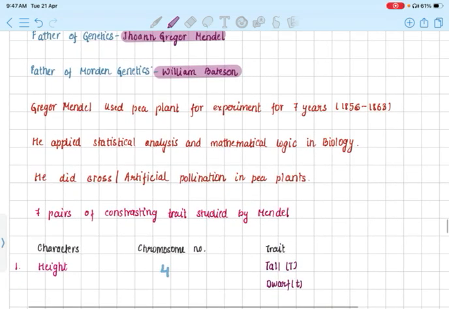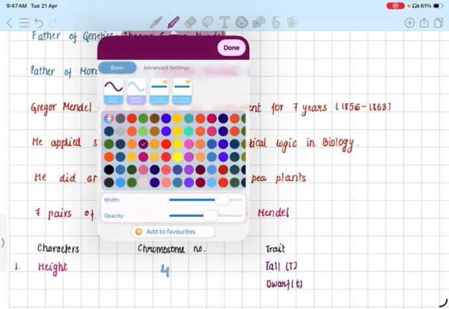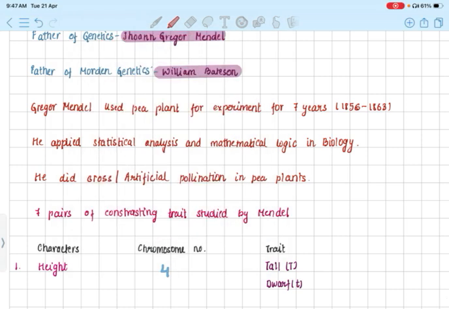So when we talk about classical genetics, there is a very famous experiment we all talk about: Mendel's pea experiment. Mendel's pea experiment was performed for 7 years, from 1856 to 1863.